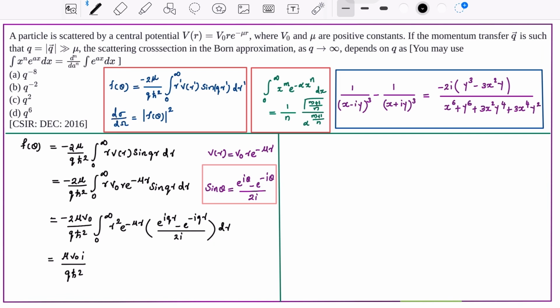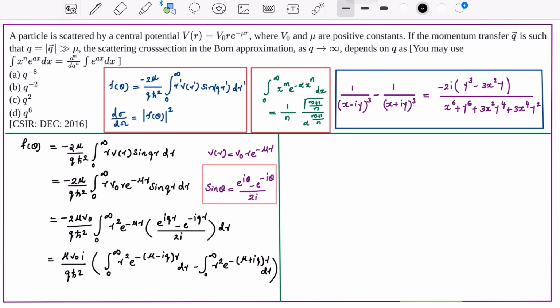So f of theta is equal to mu V0 i by q h bar square integral 0 to infinity r square e raised to minus mu minus iq r dr minus integral 0 to infinity r square e raised to minus mu plus iq r dr. Now to find out f of theta, we have to evaluate these two integrals.